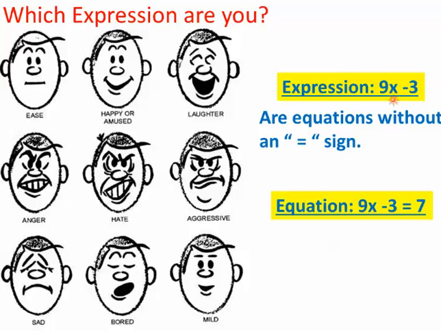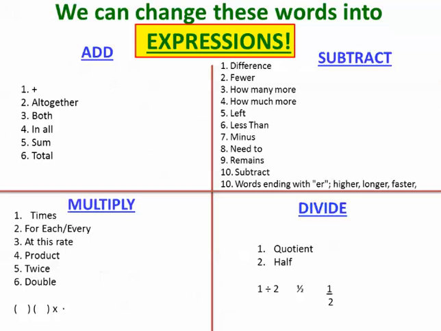So an expression is when we have numbers and letters working together with no equal sign. This is an expression. As soon as I put an equal sign, so I say equals 7, now I have an equation. And that makes a lot of sense, I think. An equation has an equal sign. An expression does not.